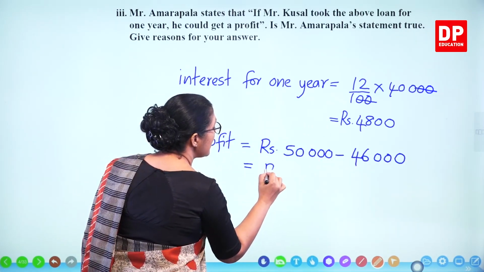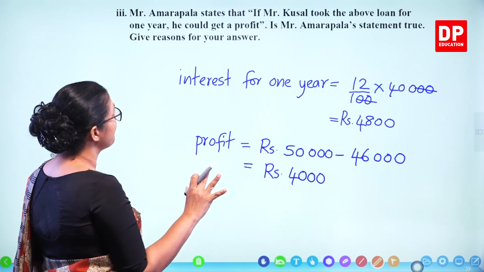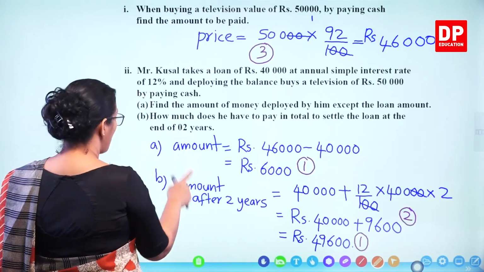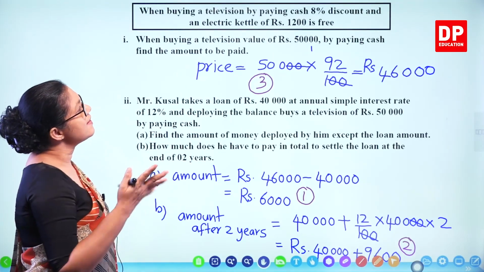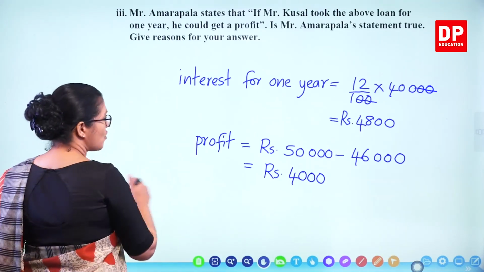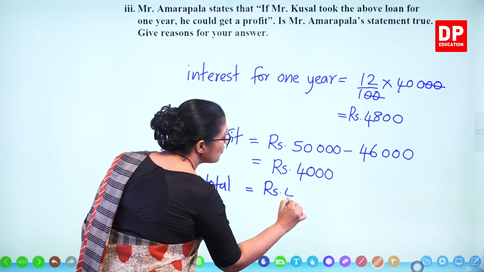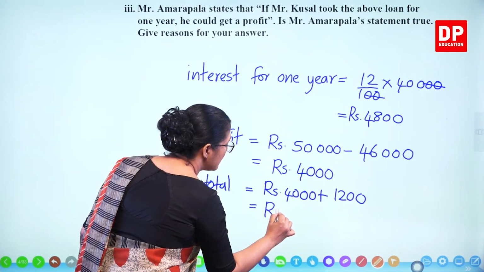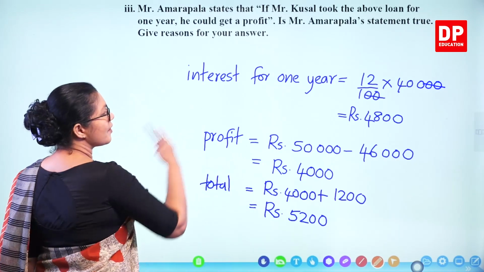So there he gets 4,000 profit by buying the television, as well as the 1,200 rupee electric kettle he is getting. So 1,200 more. So altogether 4,000 plus 1,200 becomes 5,200 rupees.